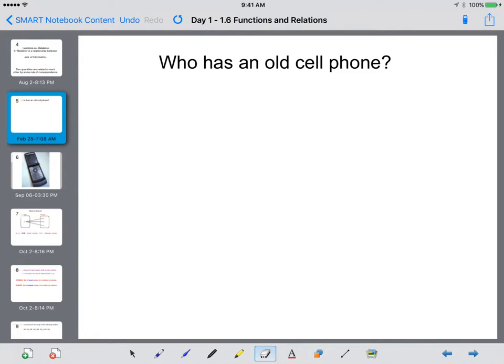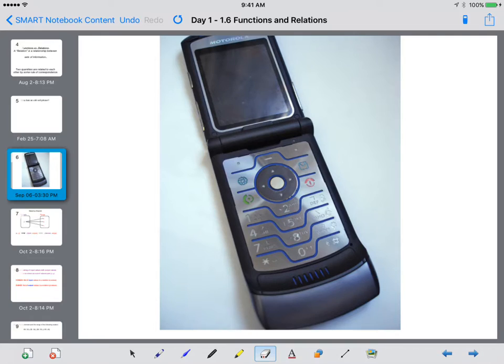Think back to those old cell phones. Maybe your parents had them. Maybe you had one as a little kid, a little flip phone, where all you had to be able to text was numbers. So, for example, if you press the button 2 here, you would get out either A, B, or C when you tried to text. You had to press these keys in order to get different letters to pop up.